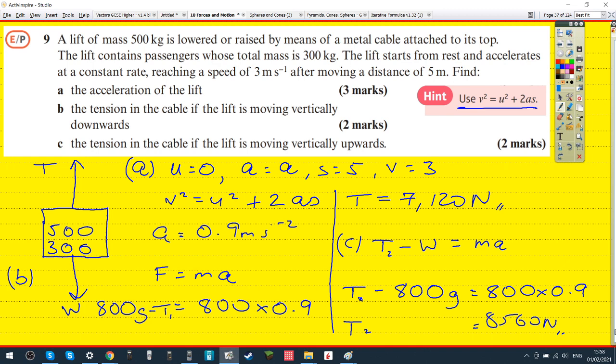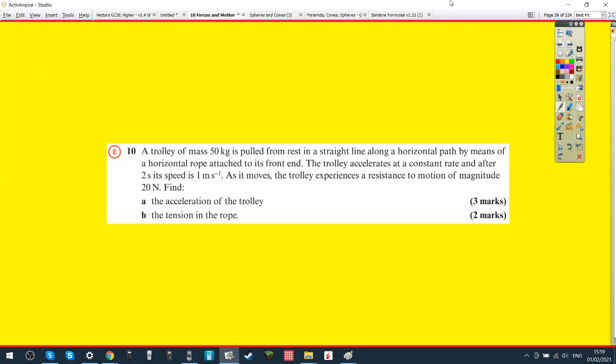If friction is going to the left, then the thing must be moving to the right, because it acts against it. Same with this. If the lift is moving down, then tension would be acting the opposite way. Any questions there? No. All right.